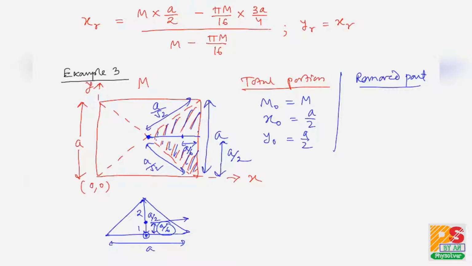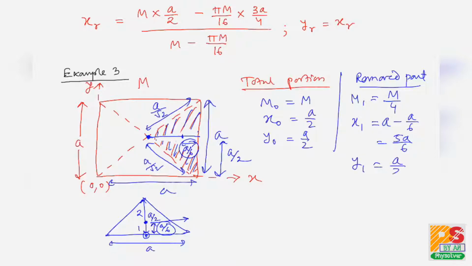Therefore for the removed part the mass is simple, m by 4, because for a square plate the 4 triangles are of equal area, so m by 4. x1 is, see, this thing is a, this thing is a by 6, so x coordinate is a minus a by 6, that is 5a by 6, and y1 is simple a by 2.